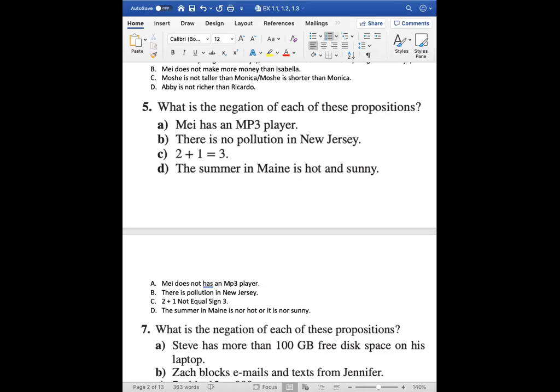I think not and nor have different meanings in the English language, so this may not be a very fitting word here. I think not will be a more fitting word here. Okay, thank you.